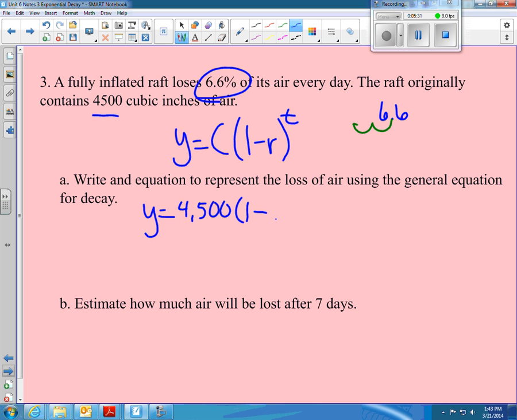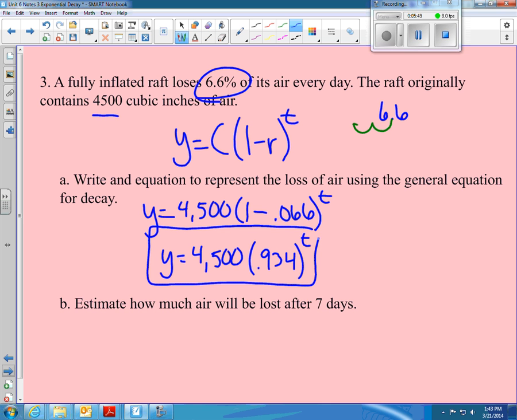So we have 0.066 to the t. If we subtract 1 minus 0.066, we get y equals 4,500 times 0.934 to the t power. So this is the equation. They ask us for an equation.